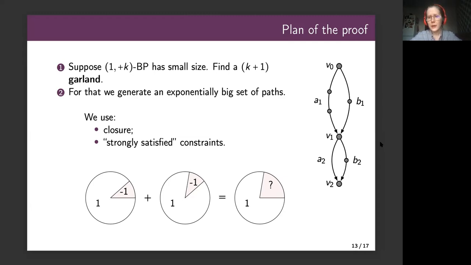And then here we would like to use this property that we can satisfy the constraints with margin. I will explain now a bit informally how this works here. Suppose we have found the first segment of the garland, and now we would like to find the second segment of the garland.